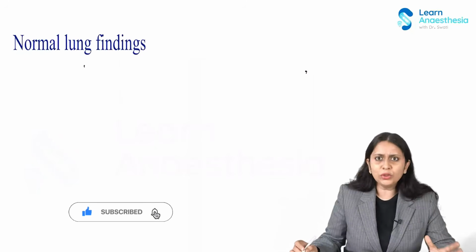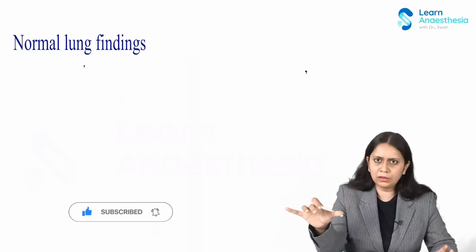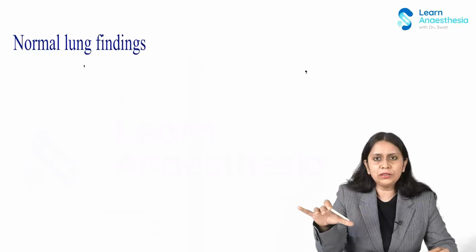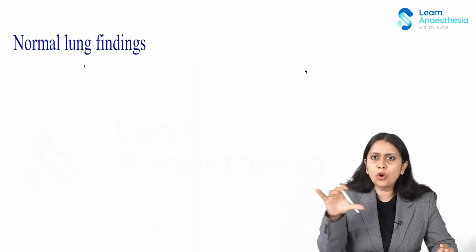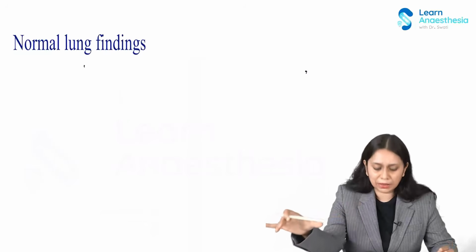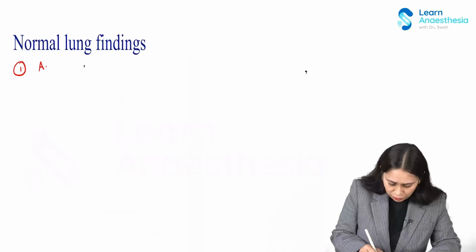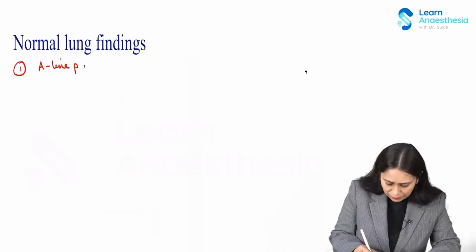The first thing which we need to know is that whenever we put the probe of the ultrasound machine, the first normal thing which we will see is the pattern called A line pattern. So what is this normal A line pattern? What do I mean by A line pattern?